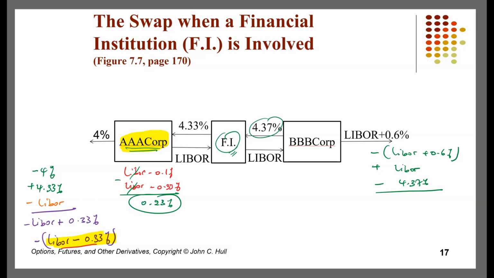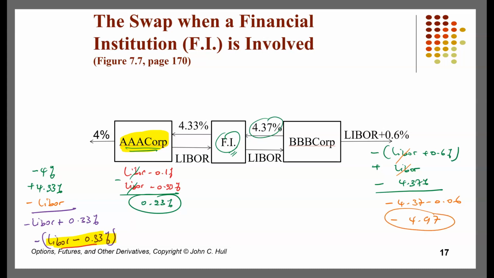The net here is going to be, remember the LIBOR is going to cancel each other here again. And what we're going to have is minus 4.37 minus 0.6. So essentially what we're going to have is minus 4.97.